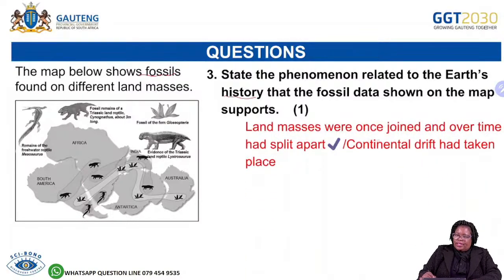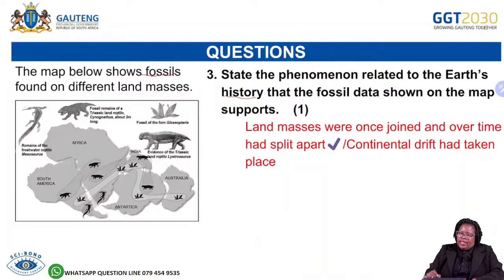So the land masses were once joined, and over time they had to split apart, and that is continental drift. Remember, we had one land mass. Now, over time, it had to split into what? 2 continents. Then over time, it had to give the landforms of the modern times or of the current times.